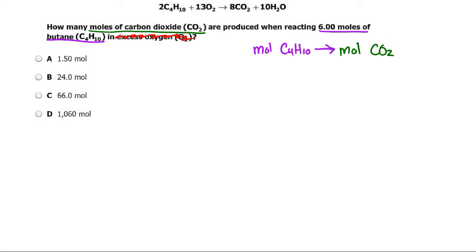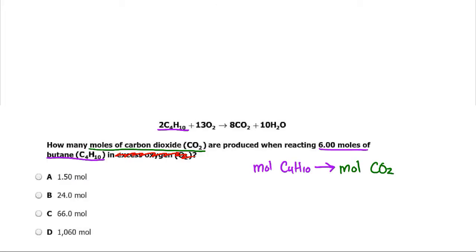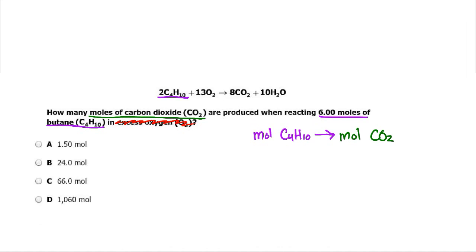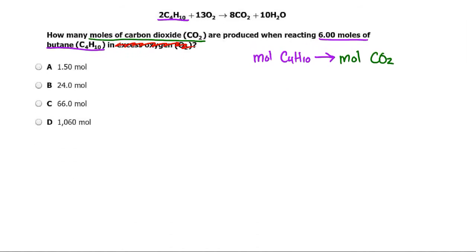So the molar ratio is given to us by the coefficients. We've got butane here. Ignore oxygen. I mean, it's there, but we don't need to care about it. Also ignore the water, because it's there, but we don't care about it.